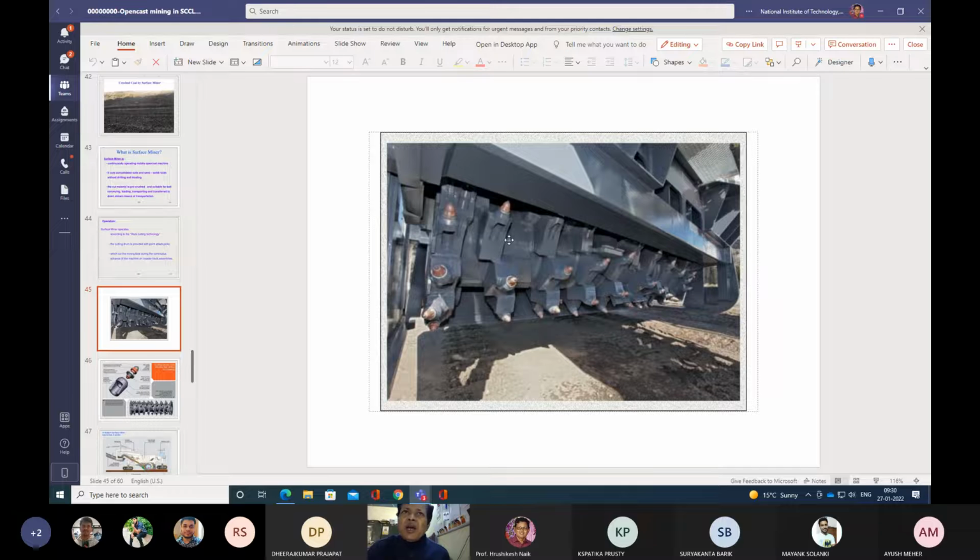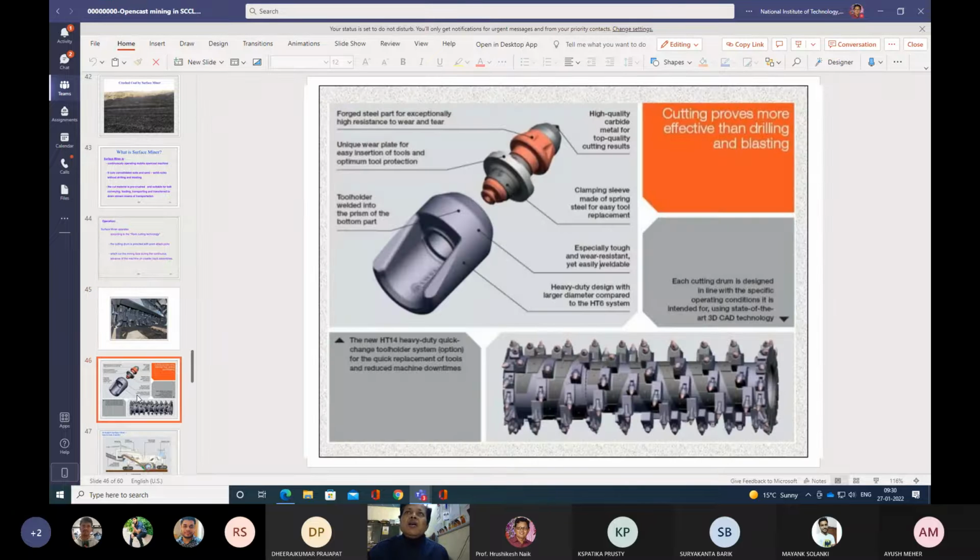So let us see how these red color picks, the pointed cutting tools, cut the material. This is the drum. You see the size of the drum, and in the drum there are pointed cutting picks. When this drum rotates, it will attack the rock and cut the rock.